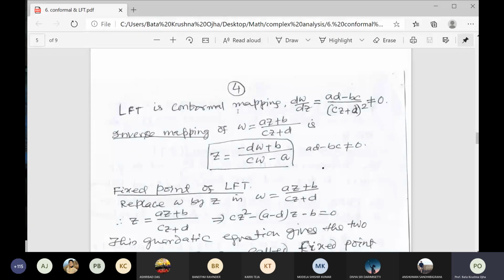LFT is a conformal mapping. Why? dw by dz is equal to ad minus bc divided by (cz plus d) whole square. Please calculate the derivative dw by dz. You have pen and paper, so please calculate and you will see ad minus bc divided by (cz plus d) whole square.